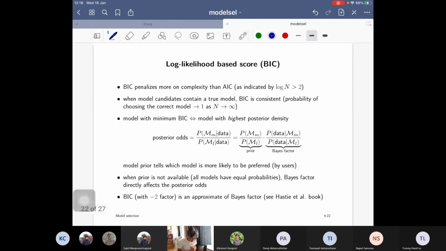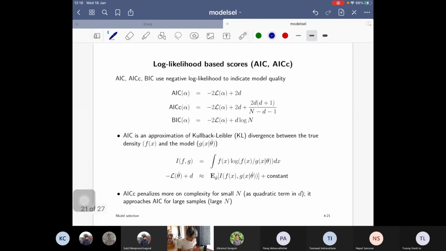You can read about it, and if you have more questions, you can ask me in class as well. At the moment, the key concept is to understand the meaning of these scores: they have two aspects, the loss function and the complexity.